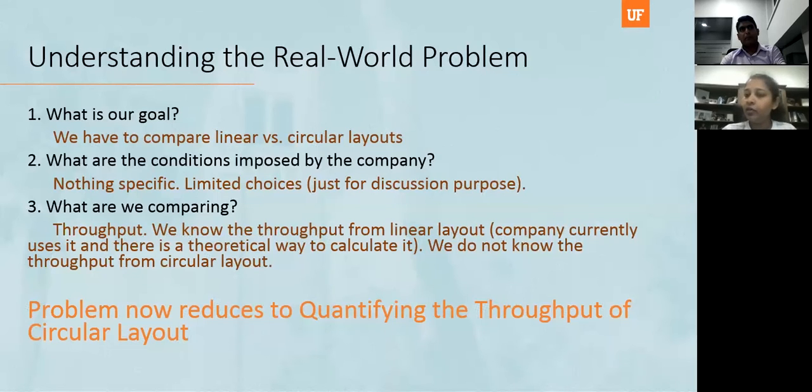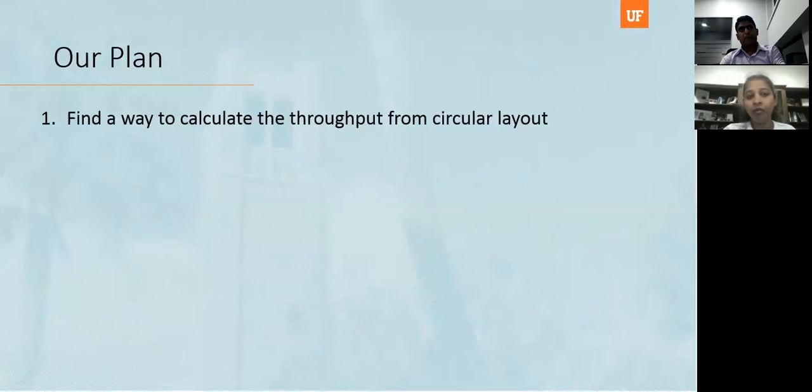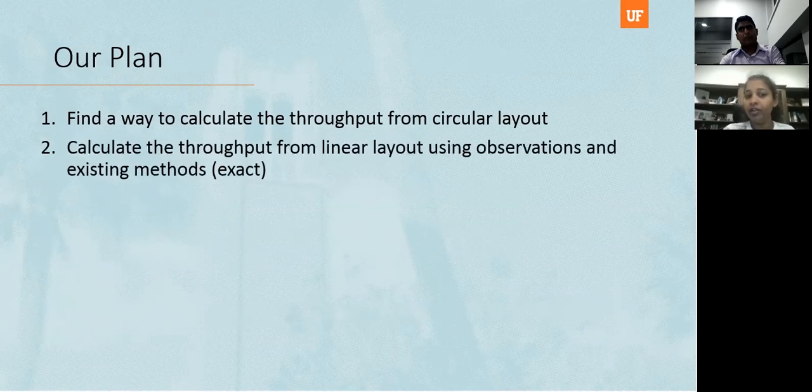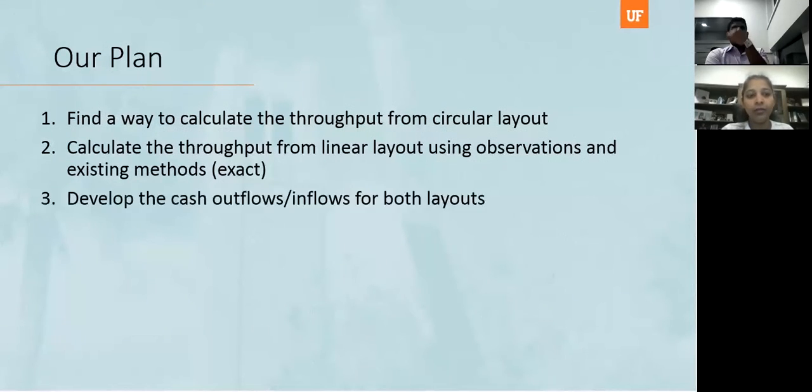However, for the circular layout at that time, there was no method to calculate it, and there was no historical data to look at. So now the question reduces to quantifying the throughput from the circular layout. So our plan: find a way to calculate the throughput from the circular layout, then calculate the linear layout throughput using observations or using the exact method which already exists.